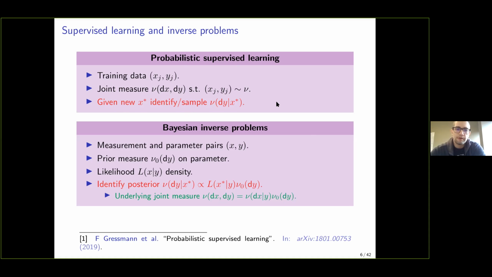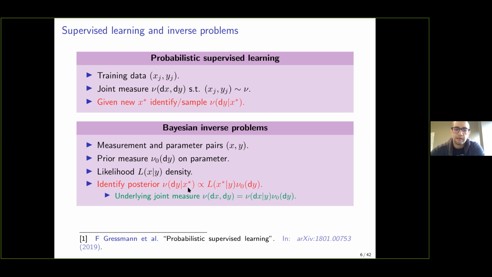If you think about supervised learning in this sense, then it becomes very closely related to the Bayesian approach to inverse problems, where again you have your measurement pairs, right? So measurements X and parameter Y. You put a prior on Y, you pick a likelihood, and then you want to identify the posterior, which is the posterior of Y conditioned on the new data point.